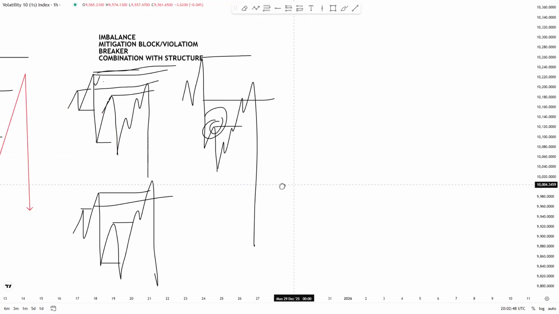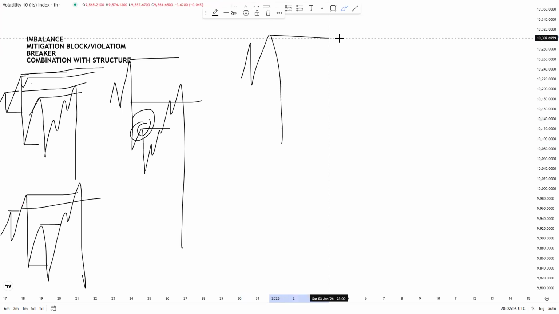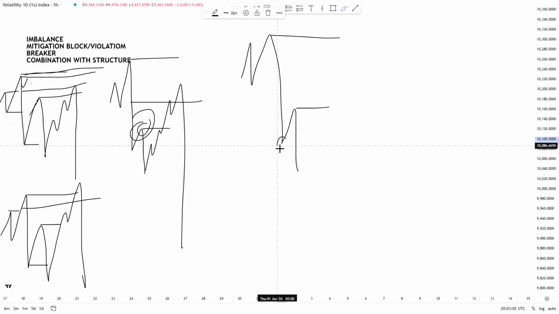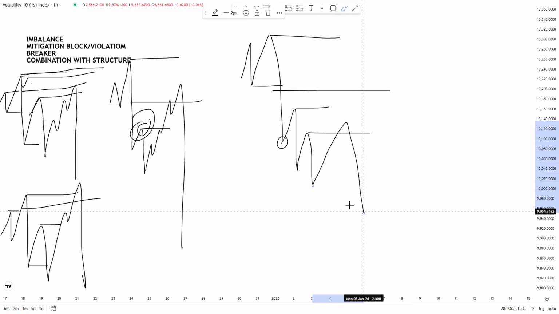There's something I still did not touch, which I want to touch before I go into imbalance quickly. Now, if price gives you your valid A, and price continued without giving you a valid pullback, remember I said that your low is not valid yet. Then if price continues without giving you a return back into your 50%, for example, and gives you this, and price later came and gave you this, what is this price action telling you?